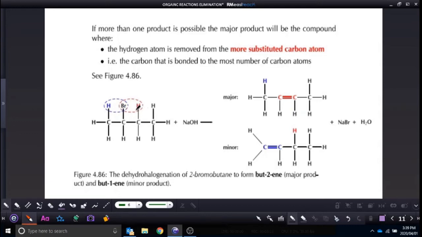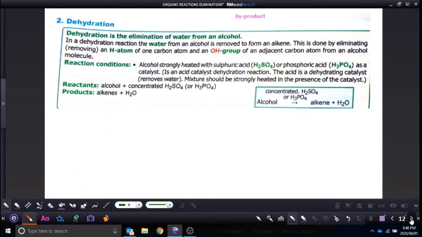If we follow Zaitsev's rule, this is the hydrogen we are going to use, because we will form the major compound from there. But like with Markovnikov's rule, there is also a minor compound. The blue compound will form, but in minority. Then the Br and the Na will form our ionic compound, plus the OH and the H will form our water. That is dehydrohalogenation.